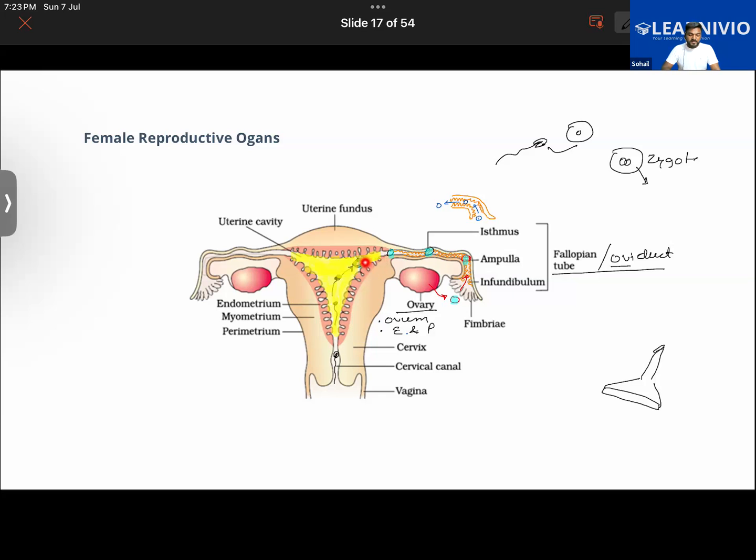So whenever a sperm passes into the uterus and fertilizes the ovum, after fertilization we know that the zygote is formed. Then this zygote will be implanted into the wall of the uterus. Getting it, guys?